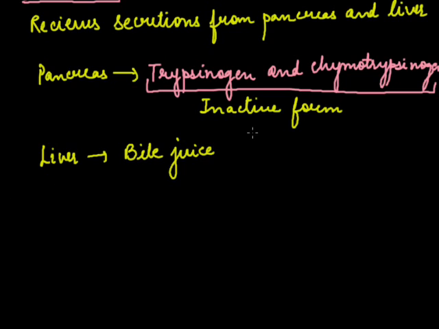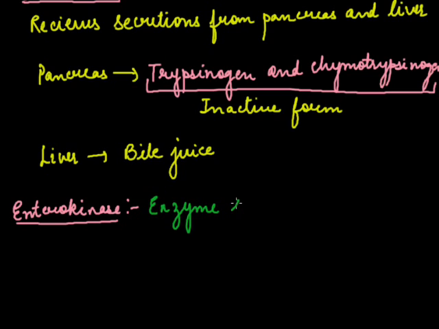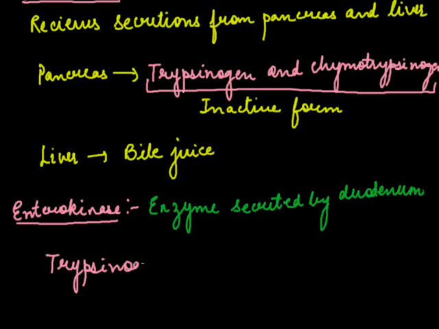Now, this trypsinogen and chymotrypsinogen are converted into their active form by the secretion called enterokinase. Enterokinase is an enzyme secreted by the duodenum, right? And what does it do? It converts trypsinogen into trypsin, which is the active form.